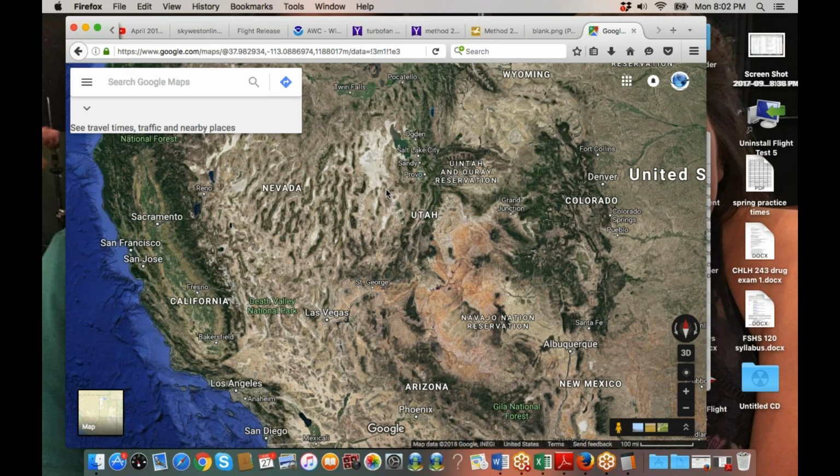Method 1, what's our clearance? 1,000 feet and 5 miles lateral, or horizontally. Yep, 5 miles on either side. So method 2, what's our clearance? 2,000 feet, 5 miles. Yep. All right.